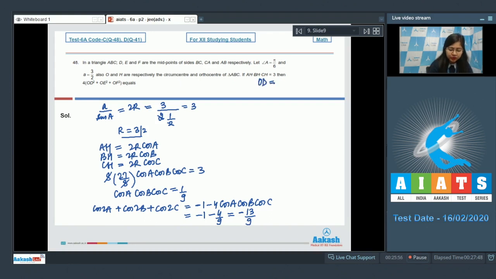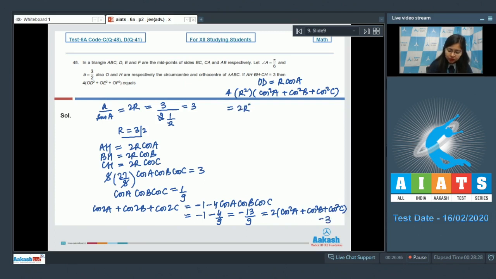We know that OD is equal to R cos A. So we need the value of 4 times R square into cos square A plus cos square B plus cos square C. Now the value of this can be easily found because we have the value of cos 2A plus cos 2B plus cos 2C. So we can write this equal to 2 into cos square A plus cos square B plus cos square C minus 1 minus 1 minus 1, that is minus 3.